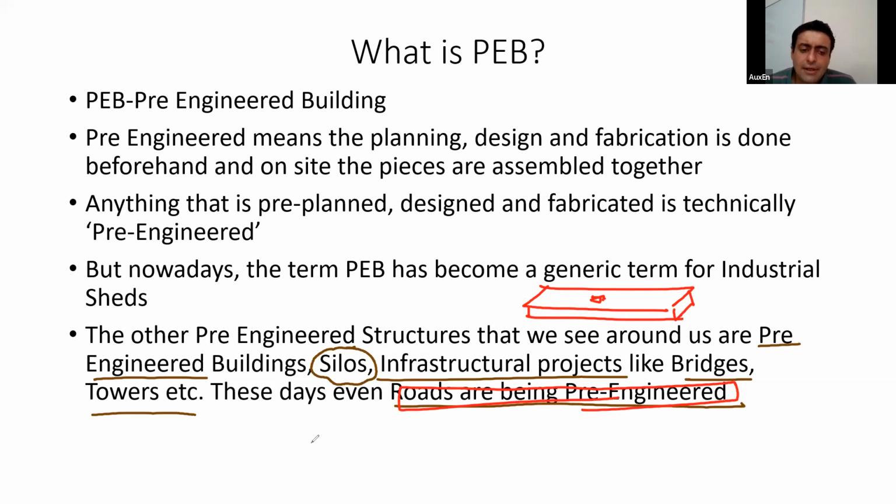When we generally use RCC and when we use pre-engineered structures, what do we call them? There is a slightly different name that we use. If we are using RCC, concrete, and if we are doing the pre-engineering work, what do we call them usually?